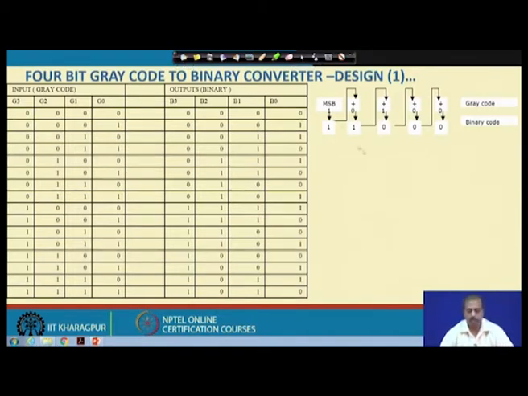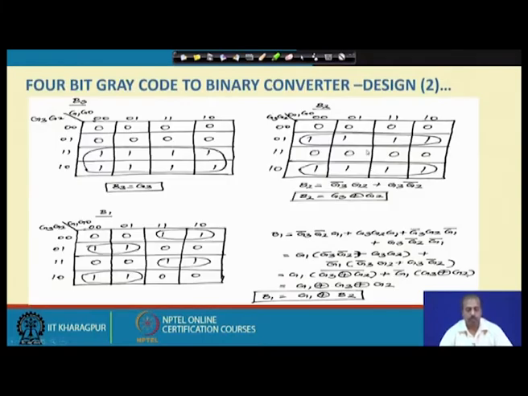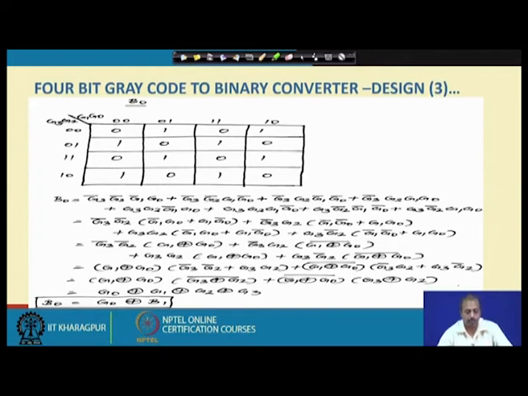So, let us see, this is the truth table. For the function, B3 equal to G3, B2 becomes equal to G3 bar G2 plus G3 G2 bar. So, B2 is G3 XOR G2. Similarly, B1 becomes G1 XOR B2. This way we can get the individual bits, and this B0.